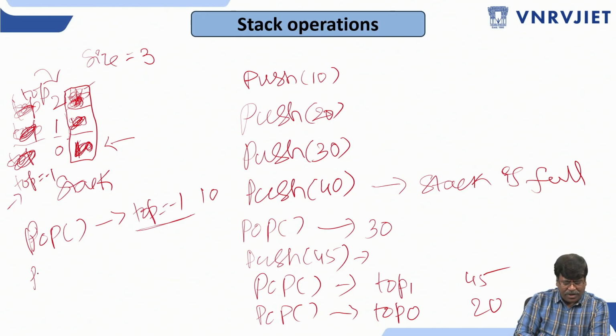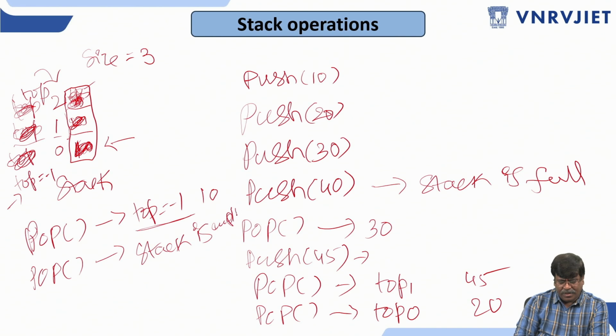Suppose we are calling the pop operation again. The stack is already empty, there is no data. If we call the pop operation again, it is going to say there is no data to pop out from the stack. So the stack is empty, and we can also say the stack is underflow.